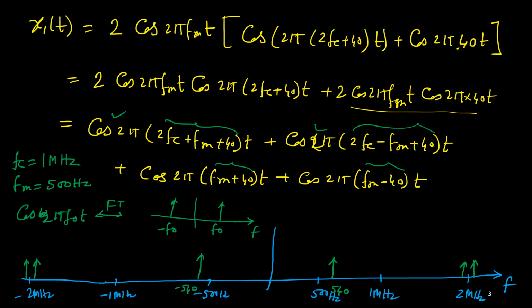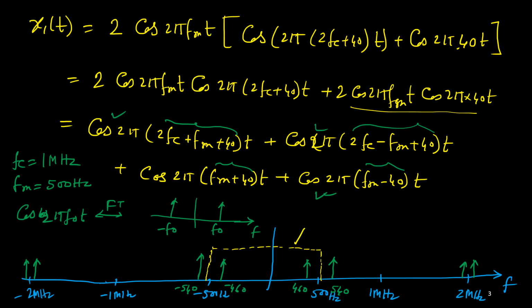The last one is fm minus 40, meaning 500 minus 40 is 460. It will be here, and minus 460 here. Now you have a filter whose cutoff frequency is 510, so 510 is here and minus 510 there.